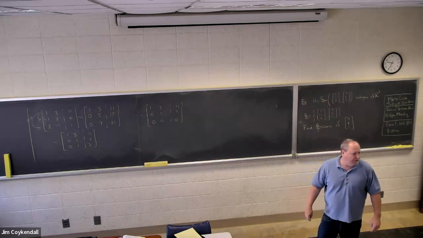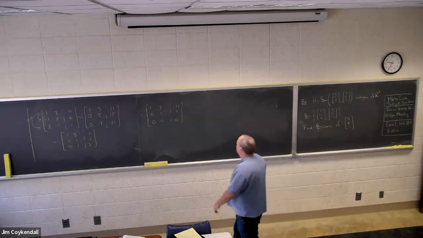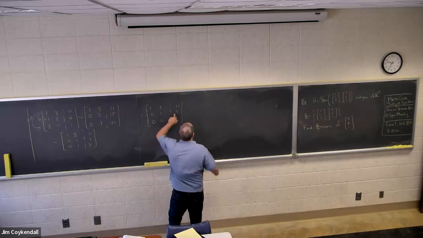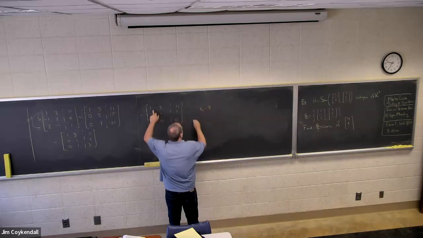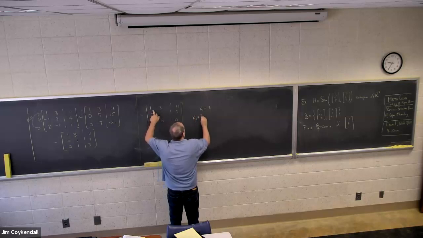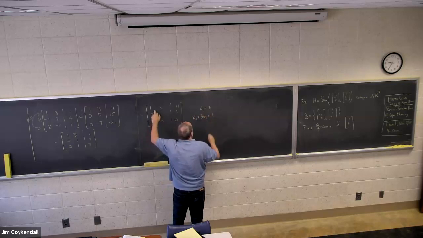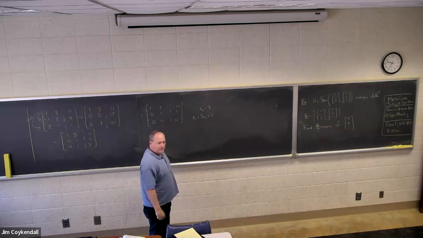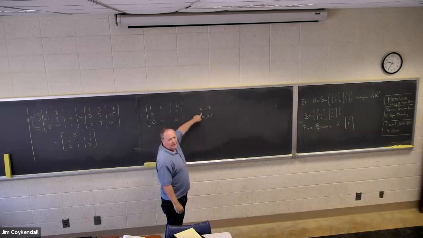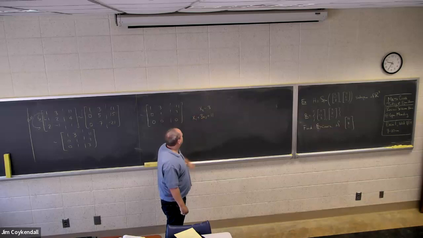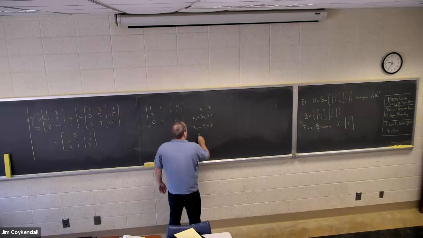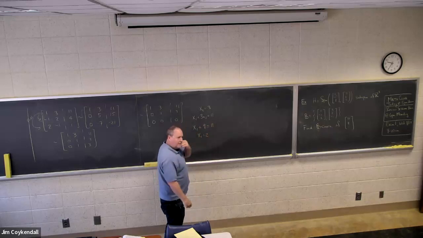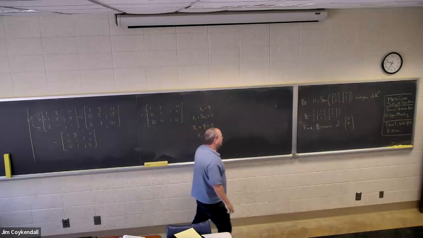Interpretation: what is my solution? This equation is what? X2 is 3. And this one is X1 plus 3X2 is 11. Ooh, even I can solve that. And if X2 is 3, so here are my coordinates.